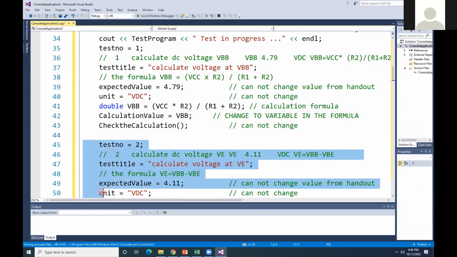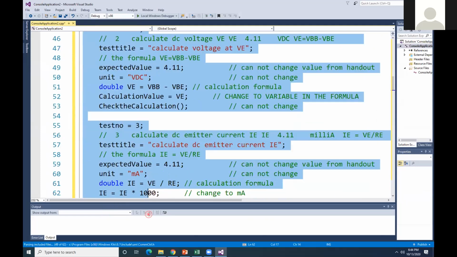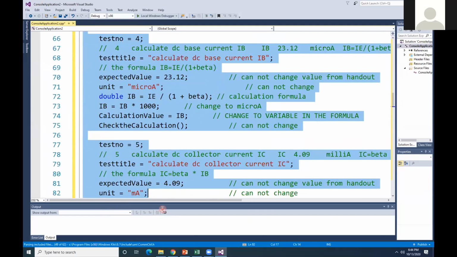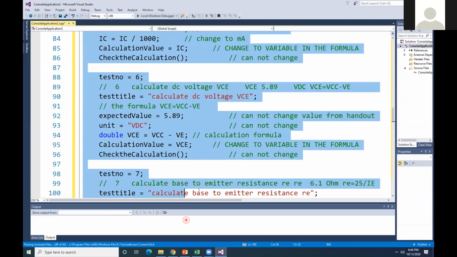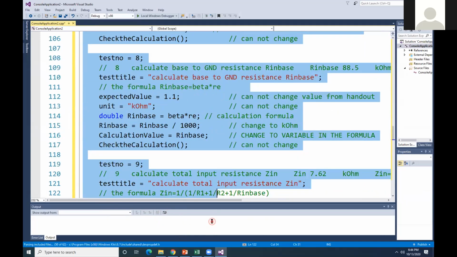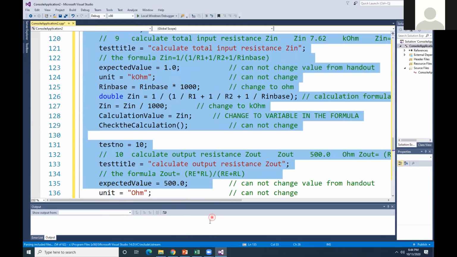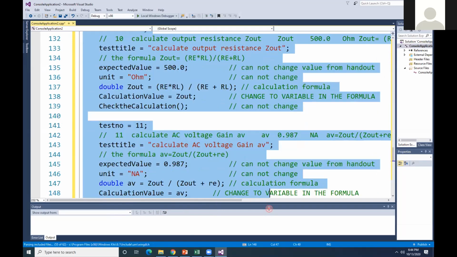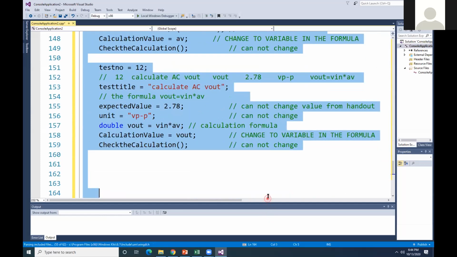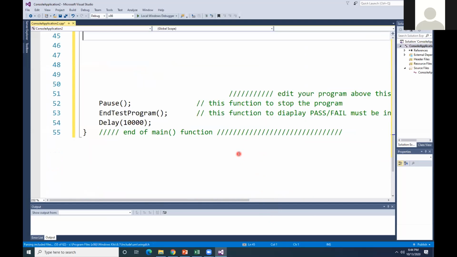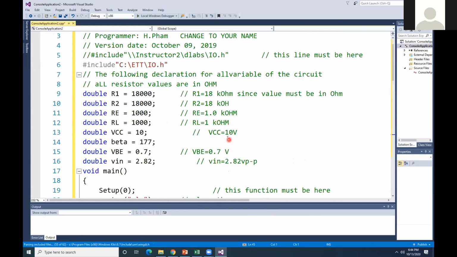From here going down, delete that. Okay, no more. So you get only one.